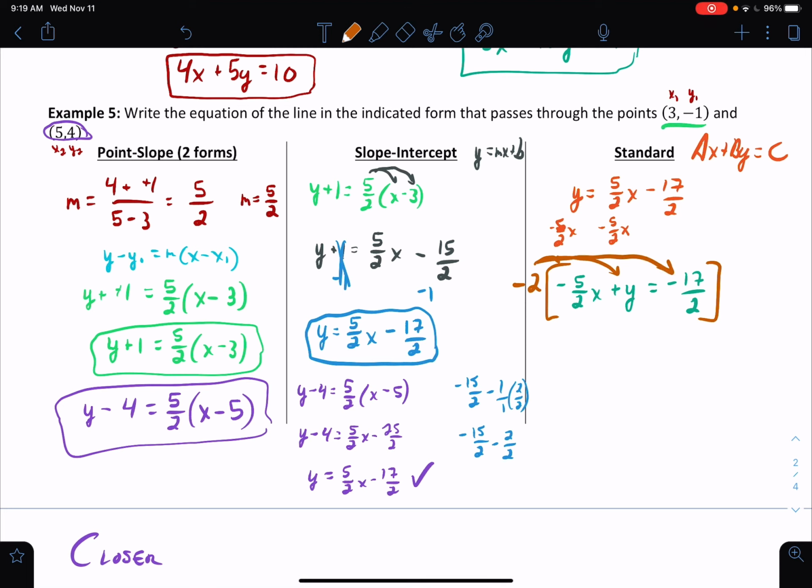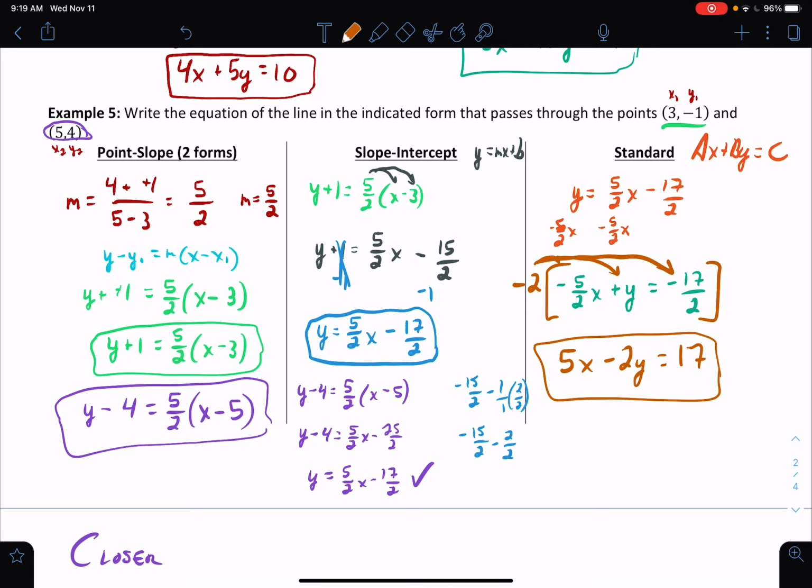So -2 times -5 halves x is going to be 5x. -2 times positive y is -2y. And a negative 2 times negative 17 over 2 is going to be positive 17. So this is my simplest form of standard form.